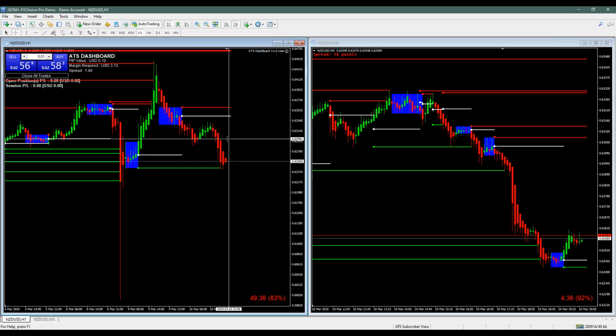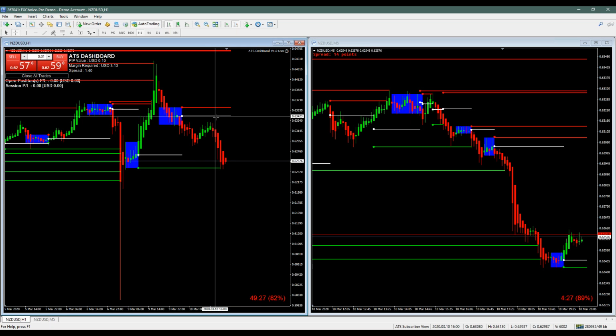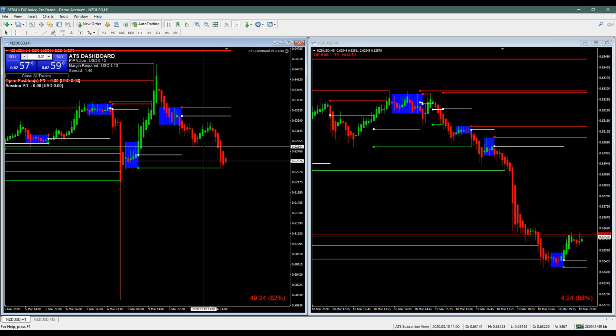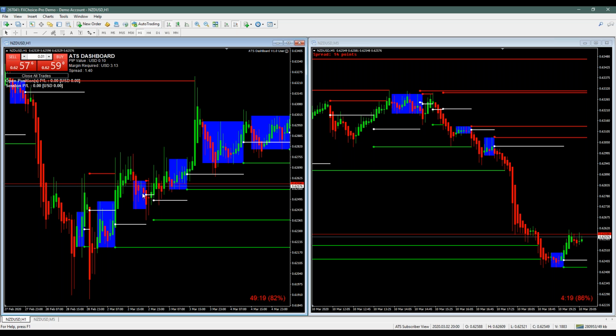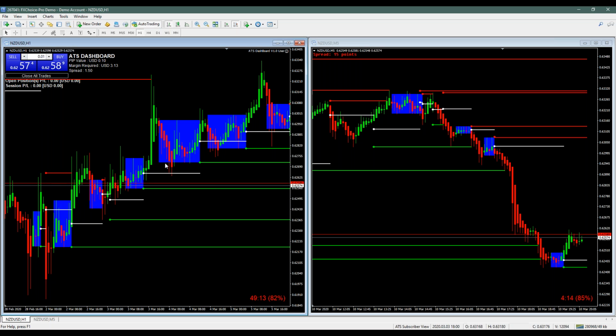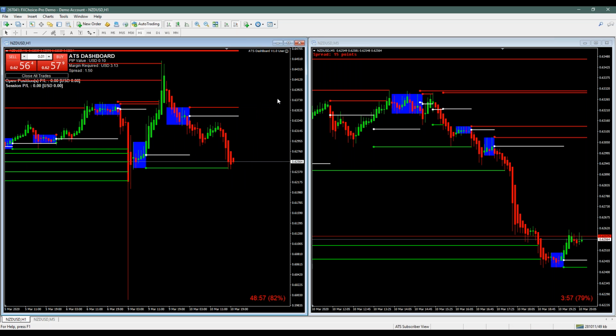If it doesn't seem like it would be easy for you guys, and myself included, to get your minds around what's going on with the pair, say it just broke out of a box but it's whipping around in a range like this, it would probably not make it into the volatility report if something like this was going on in some of the higher time frames, because it's clear that this is a really messy market. But once things start opening up, then they have a much higher likelihood. So just looking at the overall setup, ebb and flow of the market.